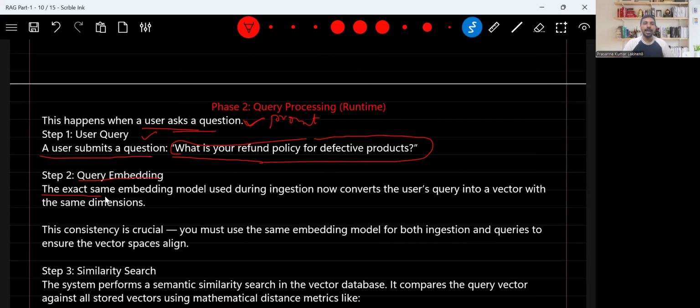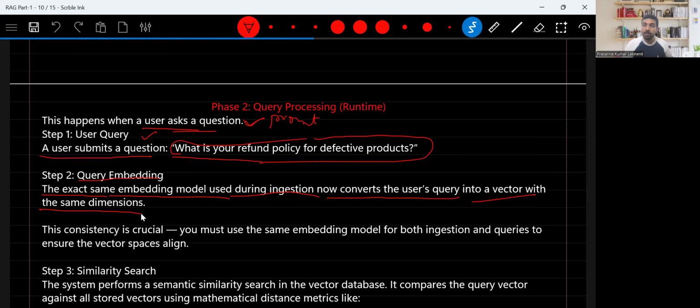Now, query embedding. The exact same embedding model used during ingestion now converts the user query into a vector within the same dimensions. Because we have to compare the vectors, you are writing the query in English, in words. You cannot compare your words with the embedded vectors in the vector database.